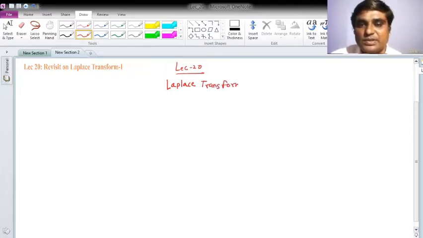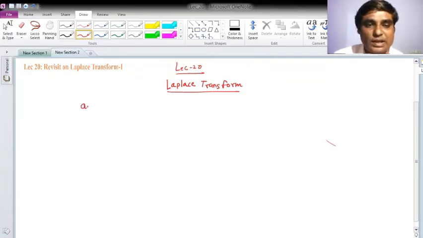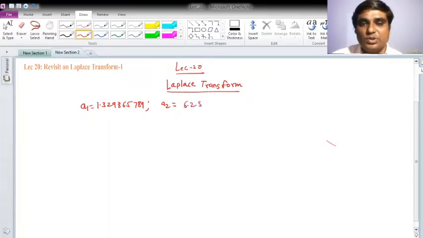Basically, let us first see why the transform, or what is the purpose of using the transform here. Suppose we take two numbers. Let's say one number is 1.329865789, and another number, A2, is equal to 6.285632186, with very high floating point precision.